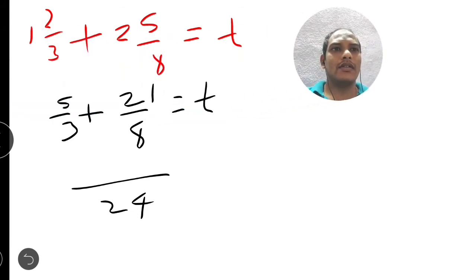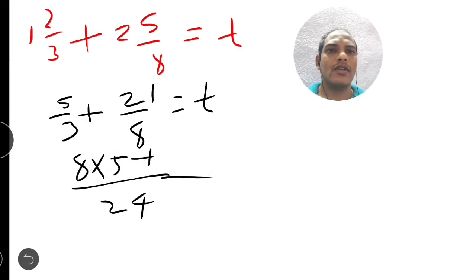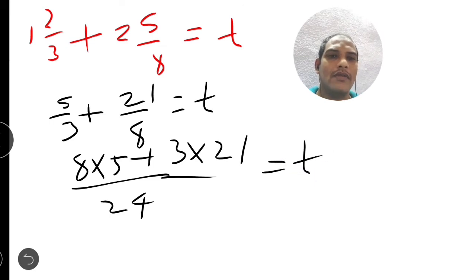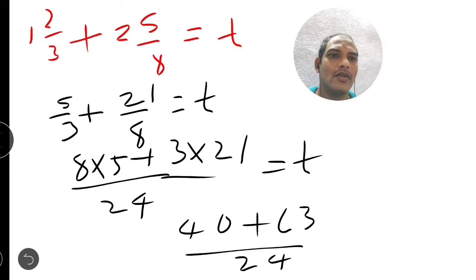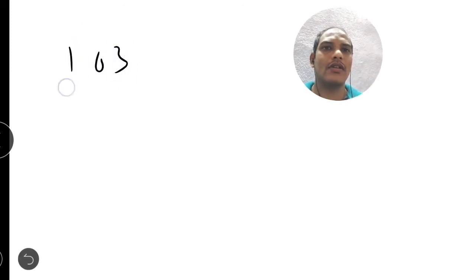24 in the 3 table 8s are 24, so 8 into 5, plus 24 in the 8 table 3s are 24, so 3 into 21, equals t. 8 5s are 40 plus 3 21s are 63, divided by 24 equals t. 40 plus 63 is 103 divided by 24, equals t.